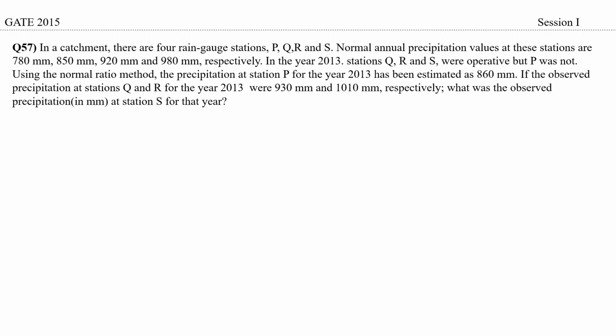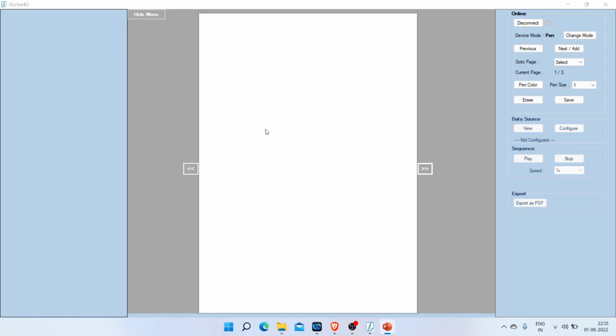The question is, what was the observed precipitation in mm at station S for that year? Here the missing precipitation value is already estimated and given, but we are asked to find the observed precipitation at station S. Let's see how we can solve this question.